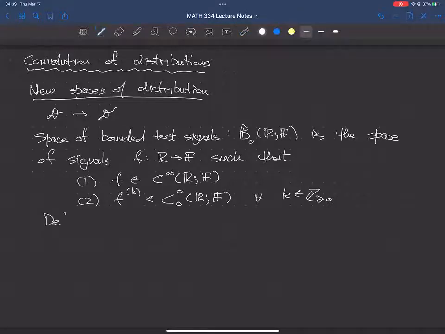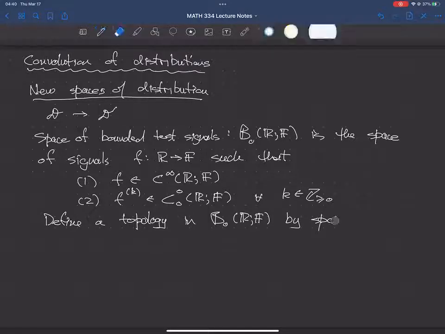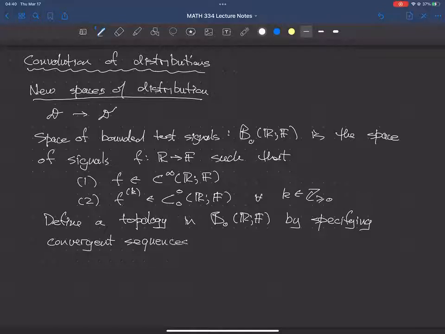So we define a topology in B0 by specifying convergent sequences, just like we did in D. And again, you need to prove that that's a meaningful thing to do, and other people have done that.